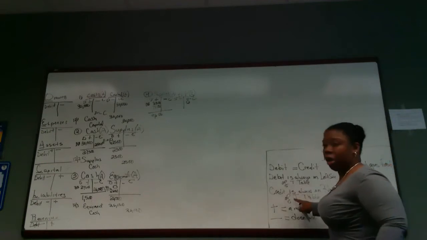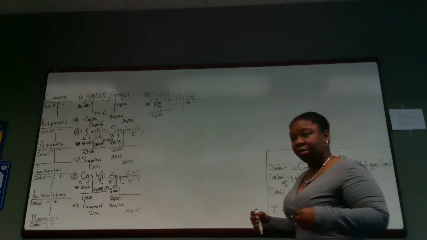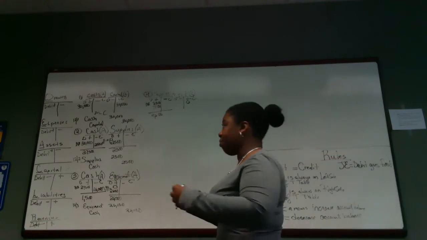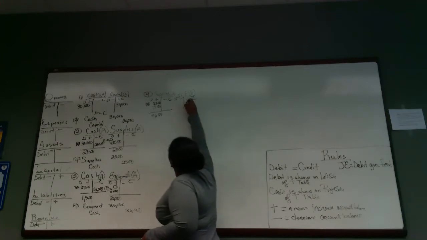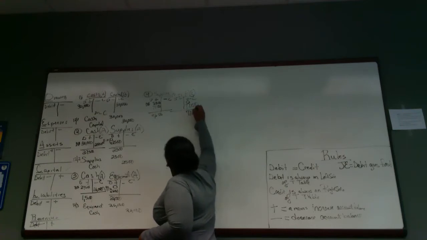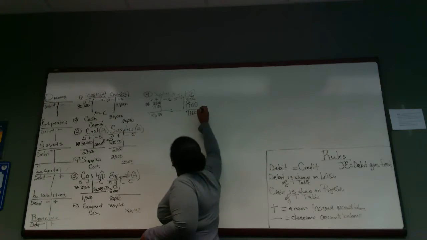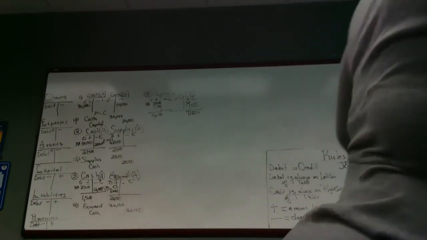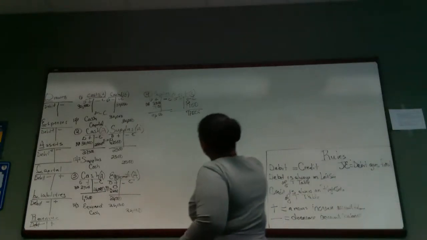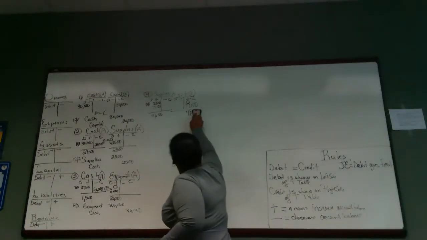The debits and the credits help all the transactions stay equal, stay balanced. So we're going to put the 7,100 over here. My balance is going to be 7,100. Okay, I just need a whole new way to write 7,100. All right.